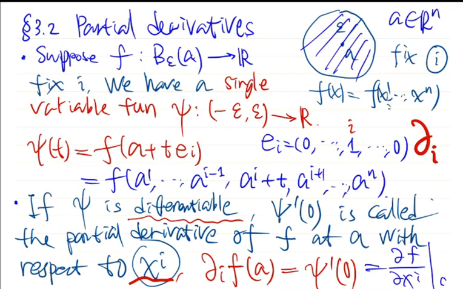So we write A here. This notation and the last notation mean the same thing: the partial derivative of f at this point with respect to certain independent variables.